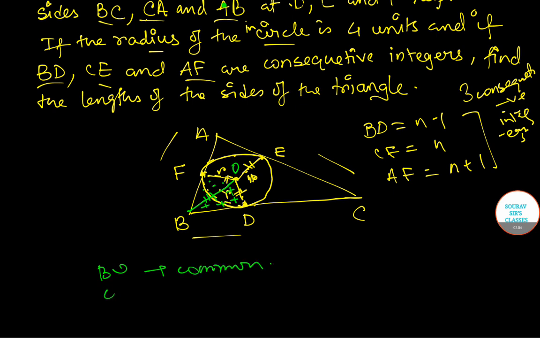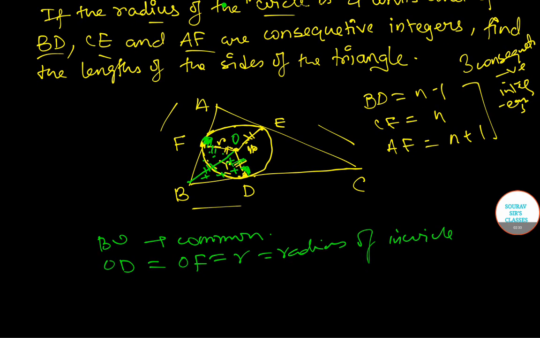Also OD equals OF, since this is the radius of the incircle. And since this is the radius, it will be touching AB at 90 degrees at the point F. Also this will be touching BC at 90 degrees at point D.